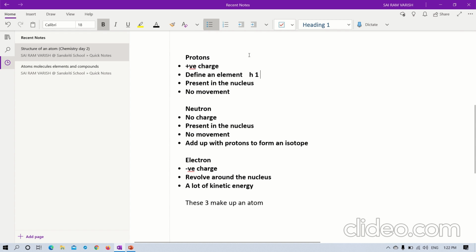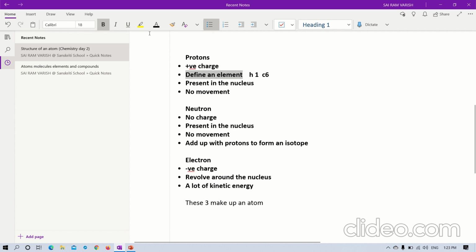So if you take one atom of hydrogen, we see that in the periodic table hydrogen has 1. So in an atom of hydrogen, there would be 1 proton. And similarly, carbon is 6 in the periodic table, so we can be sure that in one atom of carbon there will be 6 protons. So protons are very important in defining an element.